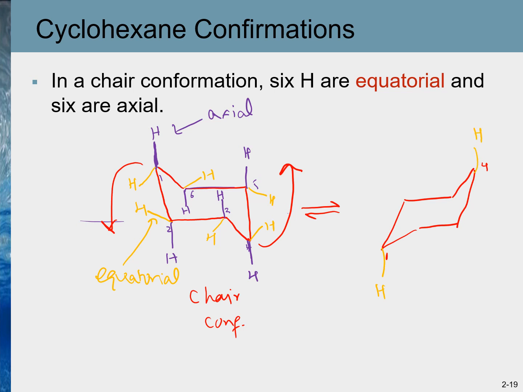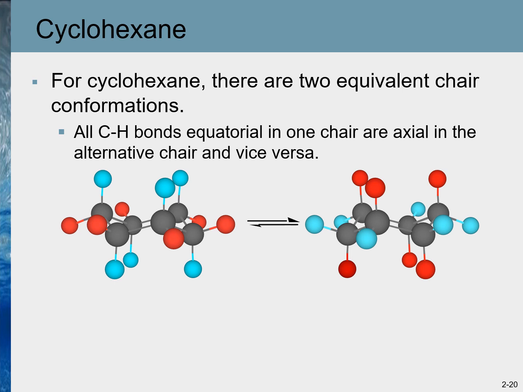Extremely important concept. And the purples will become equatorial. Both of these chair conformations are equivalent, and cyclohexane molecules are in equilibrium with both the chair conformations.